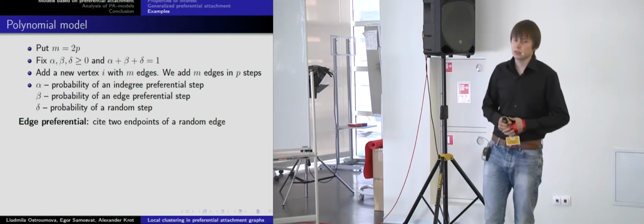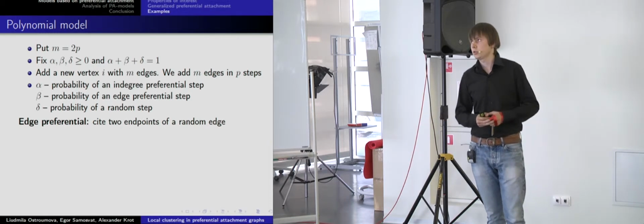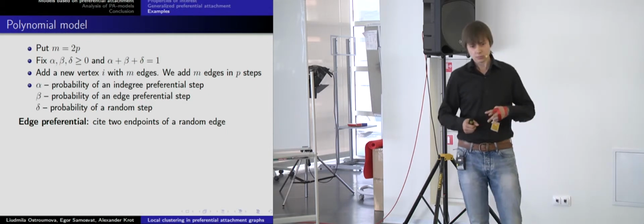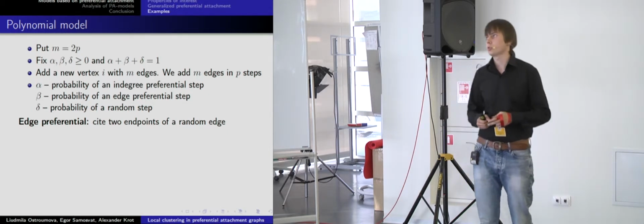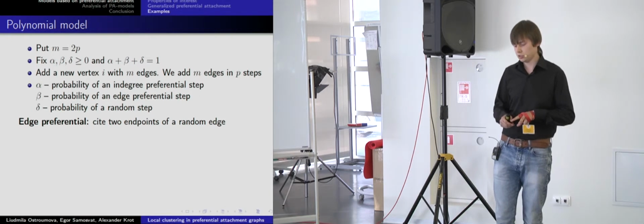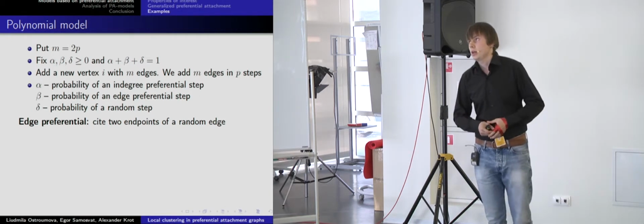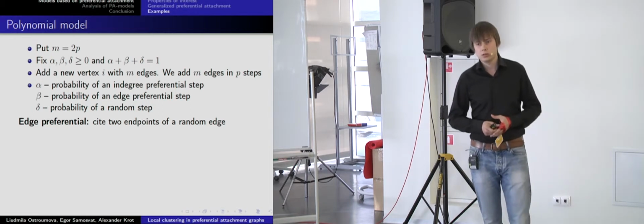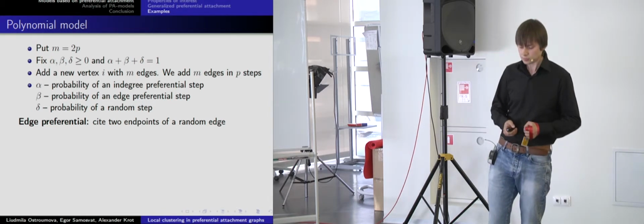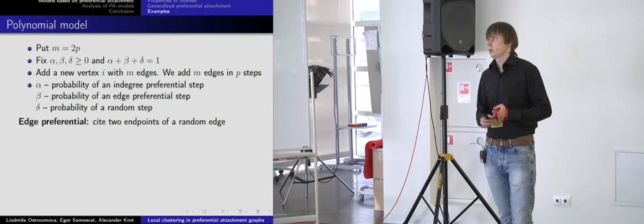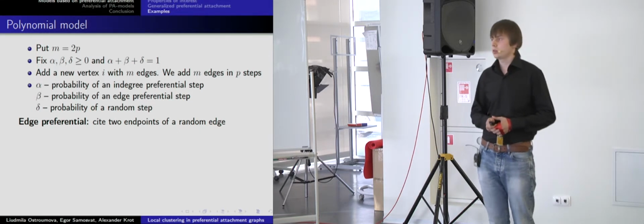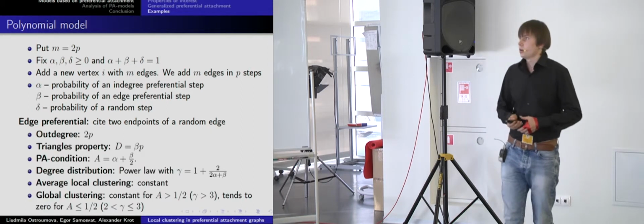It means that we choose one edge uniformly at random and connect the given vertex to one of the edge's endpoints. And delta is the probability of a random step, which means that we choose a random vertex by in-degree.